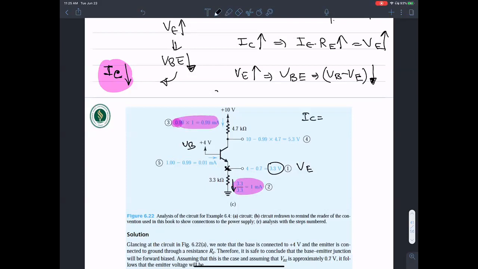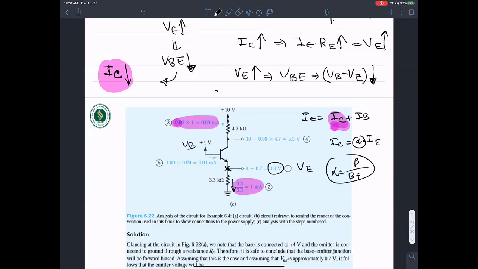IE is IC plus IB, and then you can use the formula that relates IE and IC. IC is alpha times IE, where alpha is 0.99, which is beta by beta plus 1.